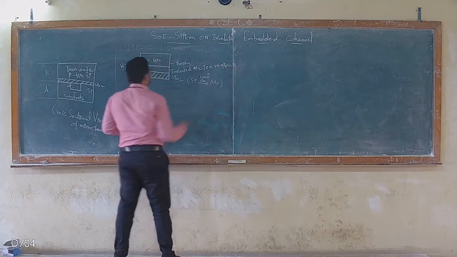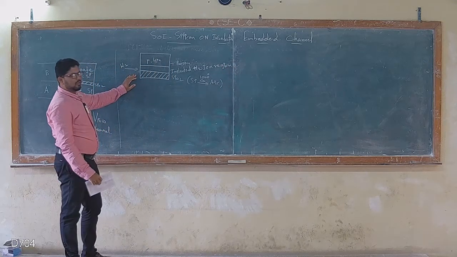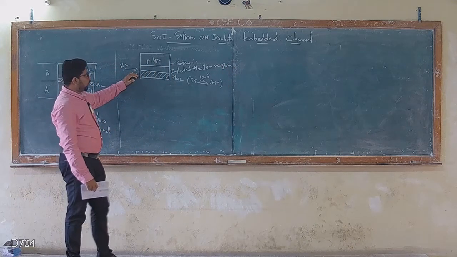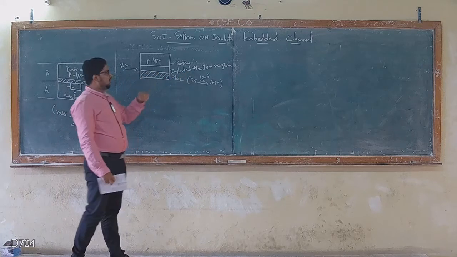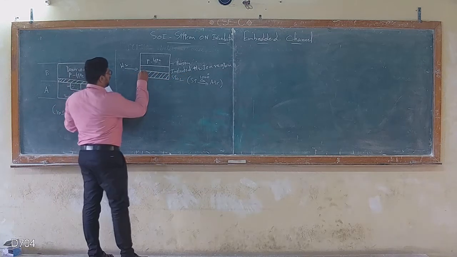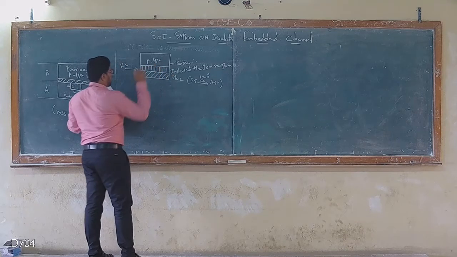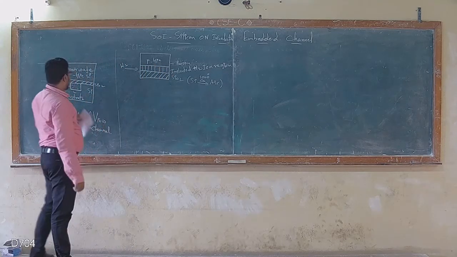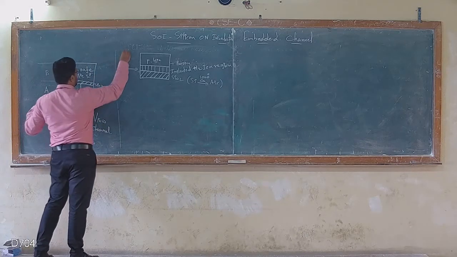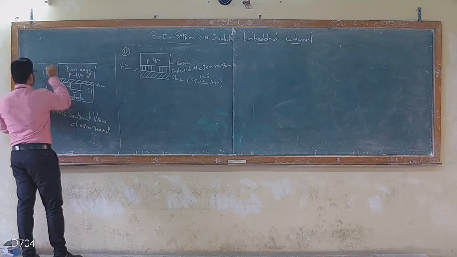Once I implant the P-type substrate with hydrogen, that forms a layer. So this is the implanted layer on the P-type silicon. This is one way. I could call it section B.